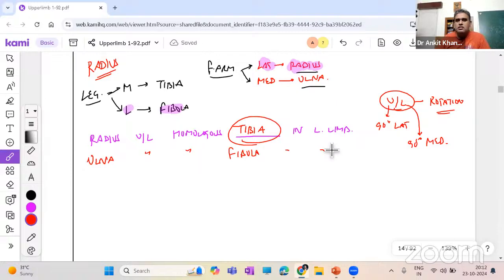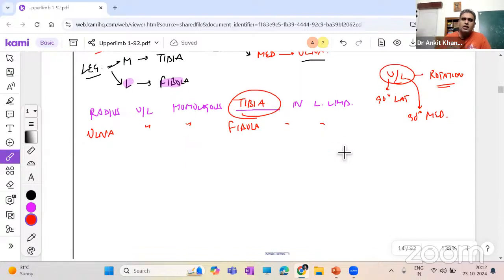Remember this basic first point. Now there's one more difference between the upper and lower limb bones. If you look at our hand, you can see it rotating like this. Can our lower limb also rotate like this?